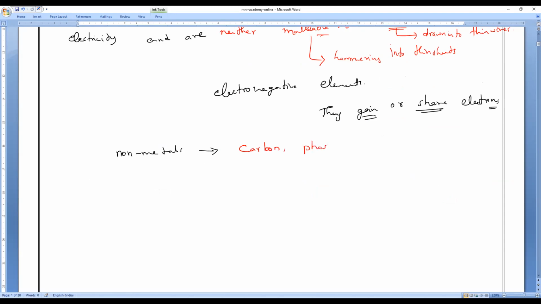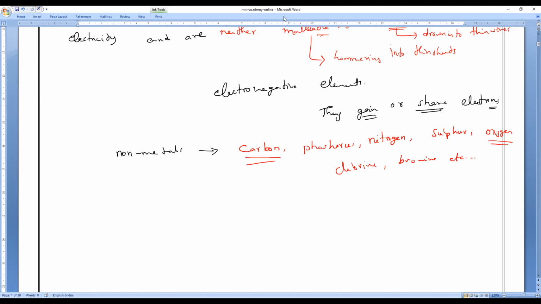And there is another non-metal which is compulsory for our survival: oxygen. Also phosphorus, nitrogen, sulfur, chlorine, bromine, and so on, which we call non-metals. The most important ones are oxygen and carbon.